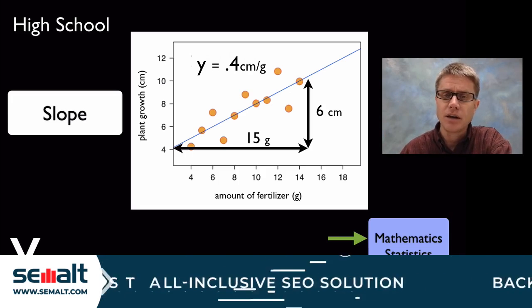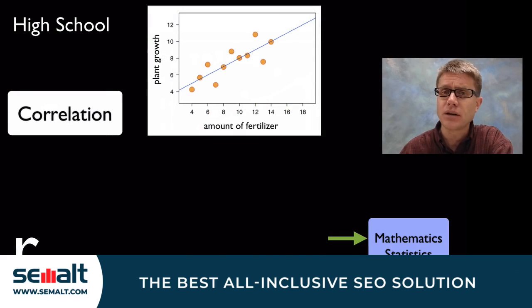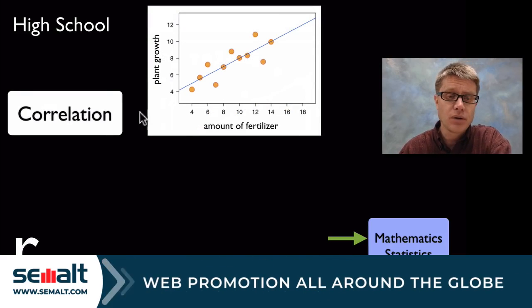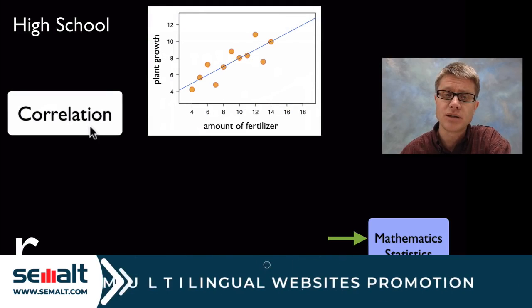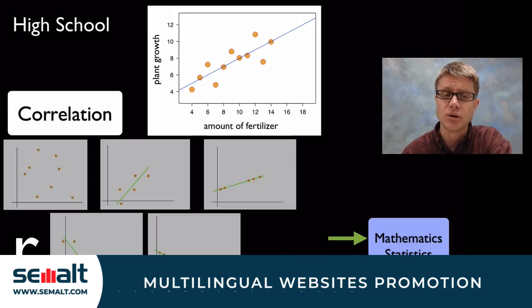Another thing that students don't usually understand in my class is what's called the correlation value, or the R value. You can do this in spreadsheets or on a TI calculator. Basically, an R value is going to tell you how good your data fits to a line if you do a regression.